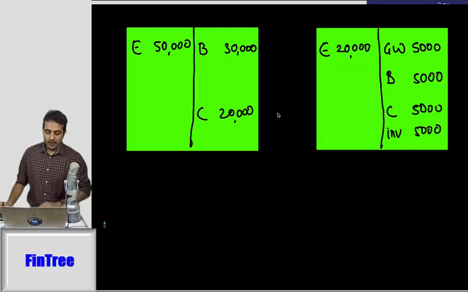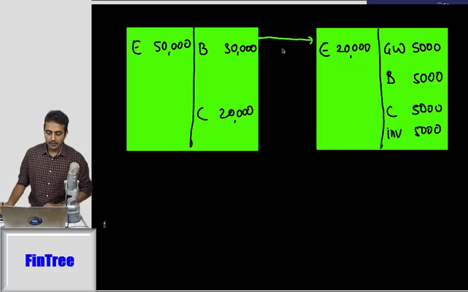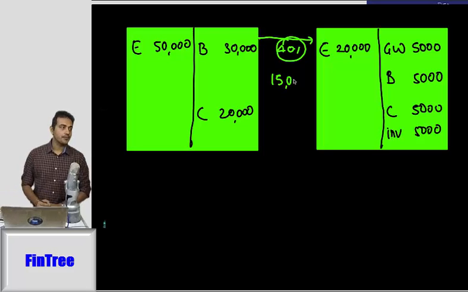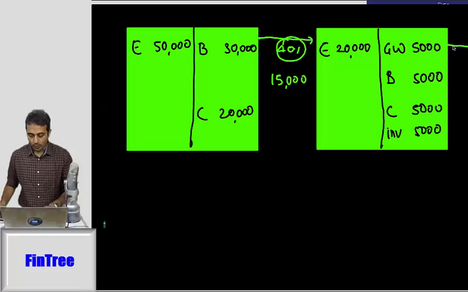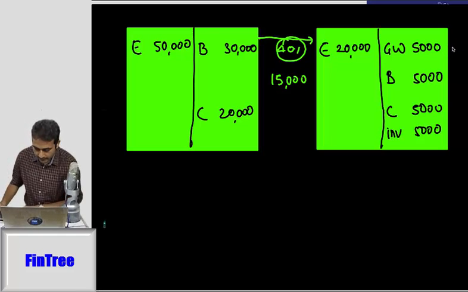Now we are going to acquire a 40% stake, and to acquire that 40% stake we are going to pay an amount of 15,000. The fair market value of this goodwill is 7,000.